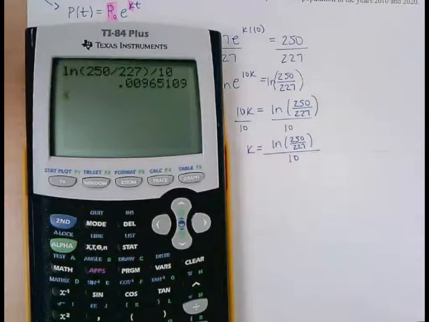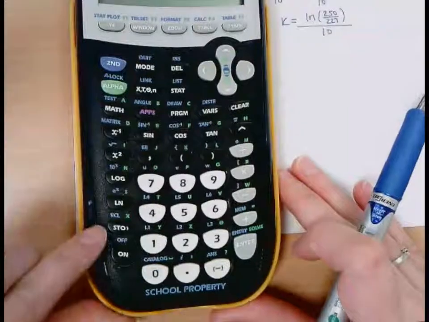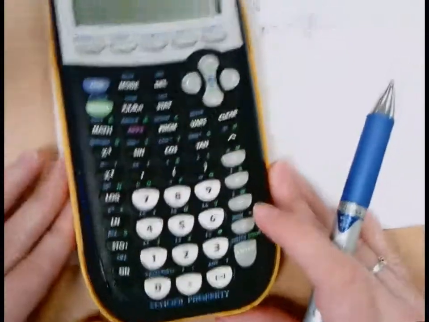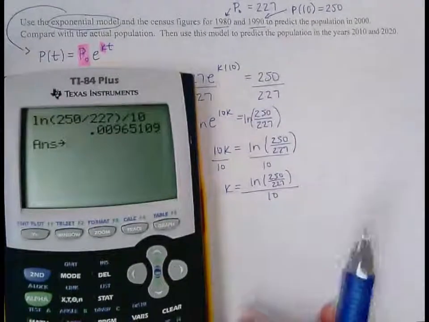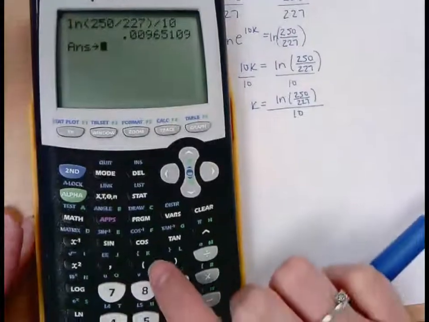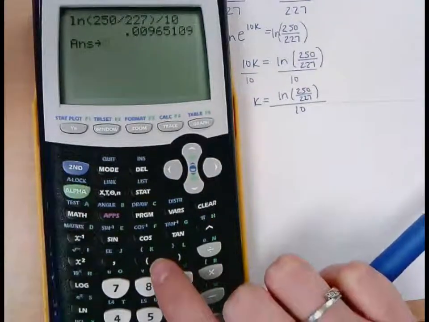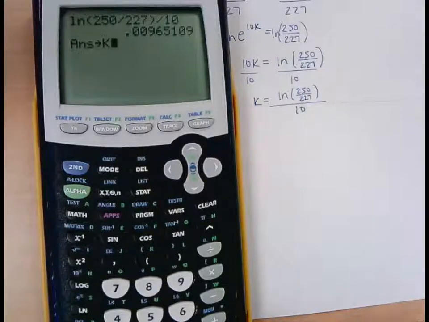So type that in, and then again, to store a value, it's above the on key, STO. You would just hit store, and then you choose which letter you want to store it as. So I could even call it K. So I would hit alpha, and then K is above that left parenthesis. But you would store it as whatever value you wanted to, and then just hit enter.